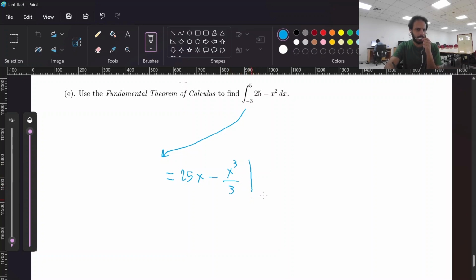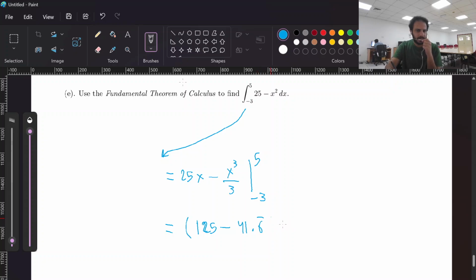I will tell you how to calculate this. So first you substitute 5, the upper limit. Substitute 5. You get 5 times 25, 125. So 125, then minus 5 cubed over 3, 125 over 3, which is 41.6 repeating.